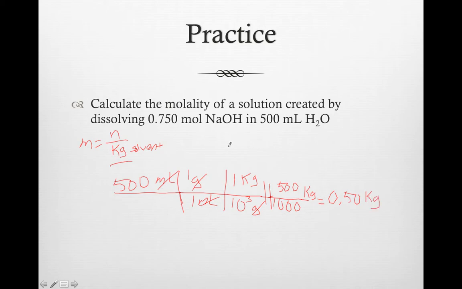And so now if I go back up to my original equation, I know that I have 0.750 moles of NaOH. And I'm dividing that by my kilograms of solvent, which is 0.500 kilograms of H2O, which is going to give me 0.75 divided by 0.5, which is the same as times 2.